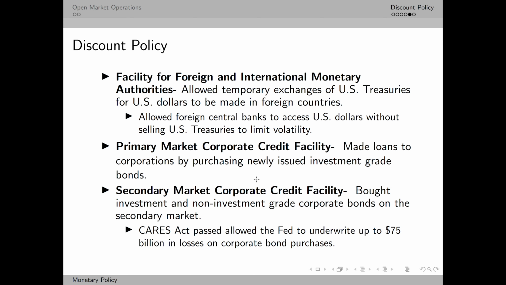And so the problem with what was going on is, as I mentioned, everybody was hiding away in the U.S. dollar. And when all these foreign central banks, which held on to U.S. treasuries to help stabilize their books, were trying to sell them off, that posed a huge risk to the U.S. T-bill market.